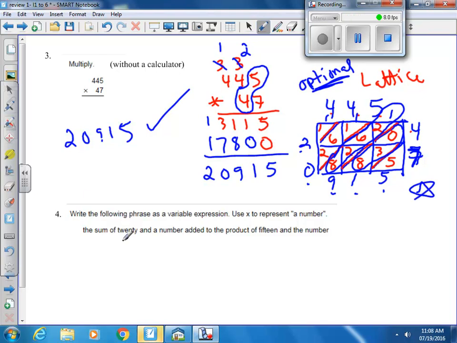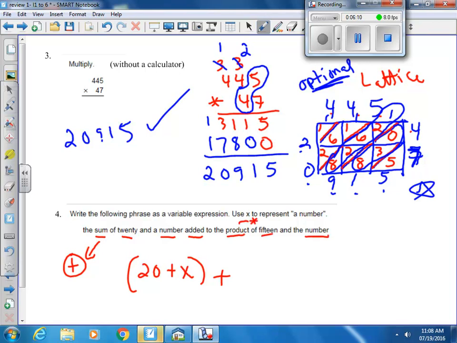All right. Number 4, it says, write the following phrase as a variable expression and use X to represent the number. The sum is a keyword for addition, of 20 and a number. Okay, the sum of 20 and a number added to the product of 15 and a number.